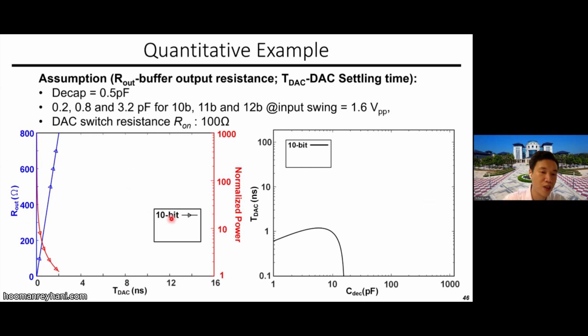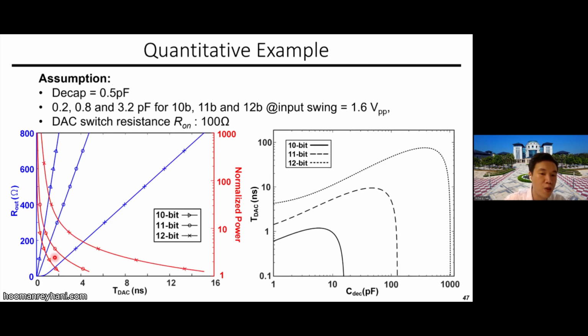Here, give a 10-bit example, you can see that if we keep increasing the output impedance, we need more time for the DAC to settle, because the RC time constant is getting larger, right? So you need more time. And then, of course, you also have some benefit from the power point of view.